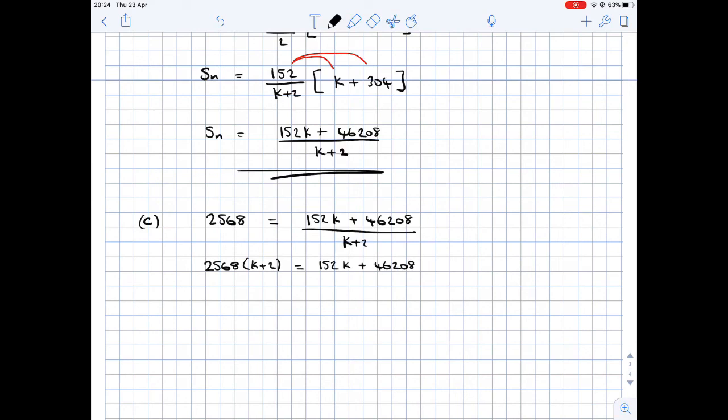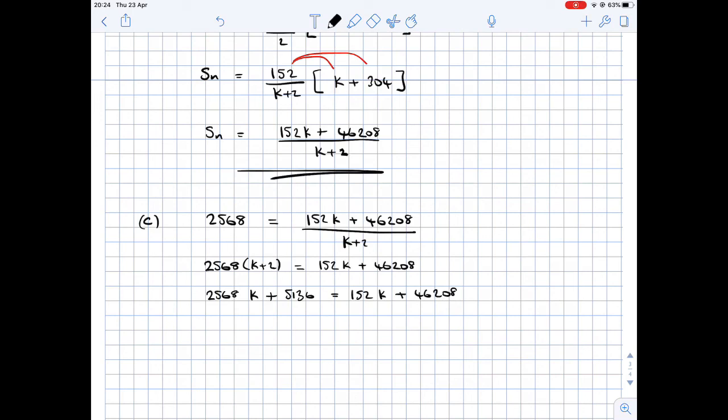Again, expanding this out gives us 2568k plus, and just double checking this, 5136 equals 152k plus 46,208.